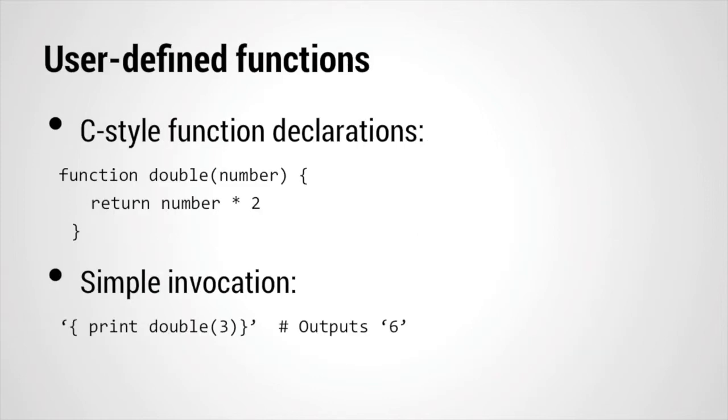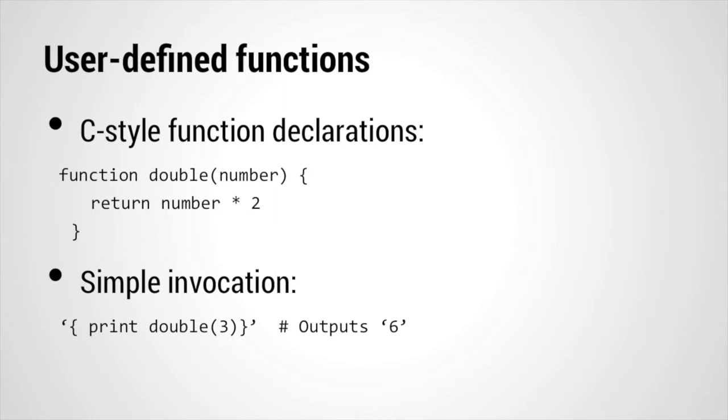Now here's a big one, user-defined functions. This is one of the greatest advancements that nawk, or new awk, or the one true awk introduced. User-defined functions have a very simple declaration syntax, very similar to C style, Java, all the same.